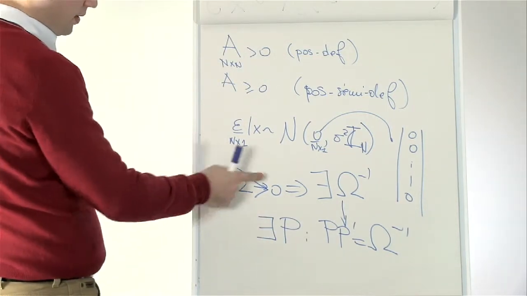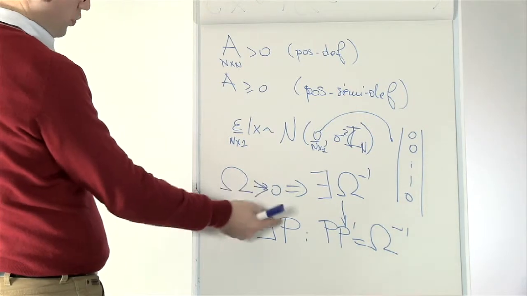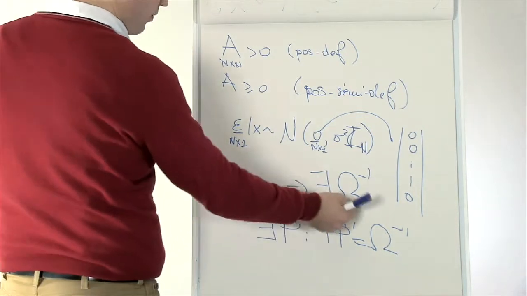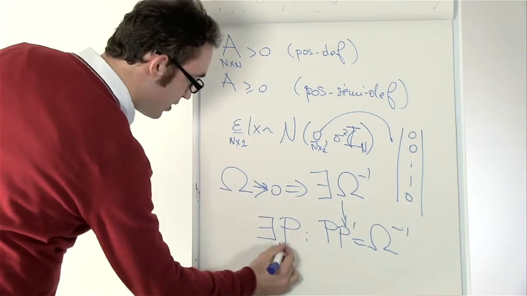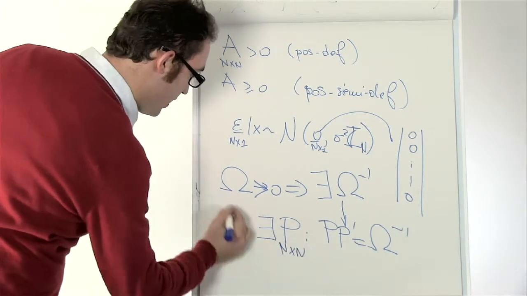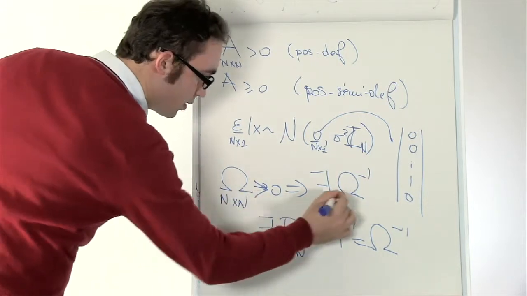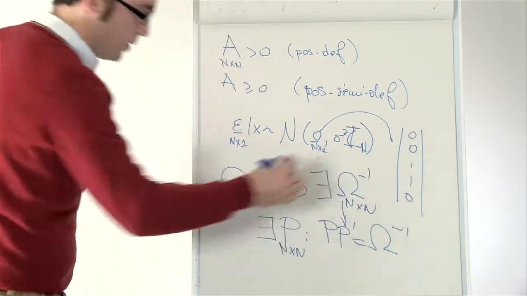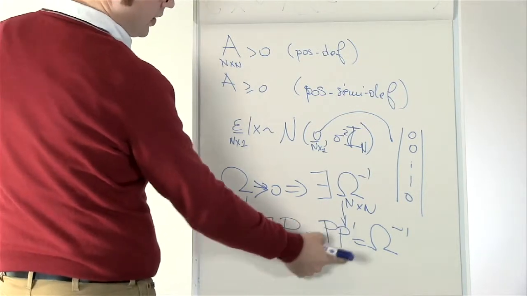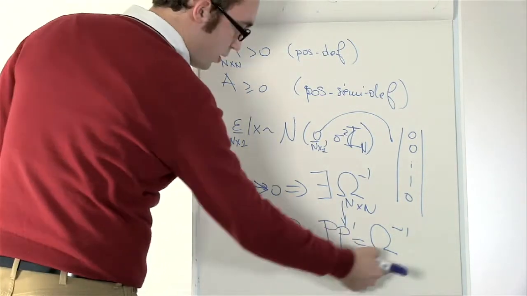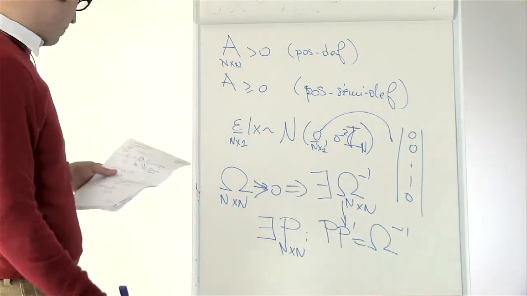If omega is positive definite, then its inverse exists, and we can find a P, a matrix that is m by n, such that the product of P by its transpose is equal to omega inverse.